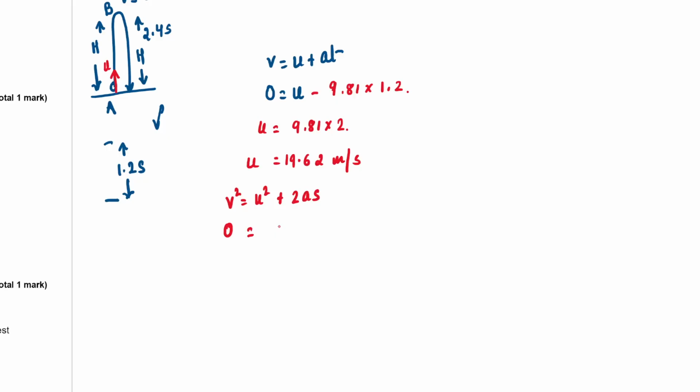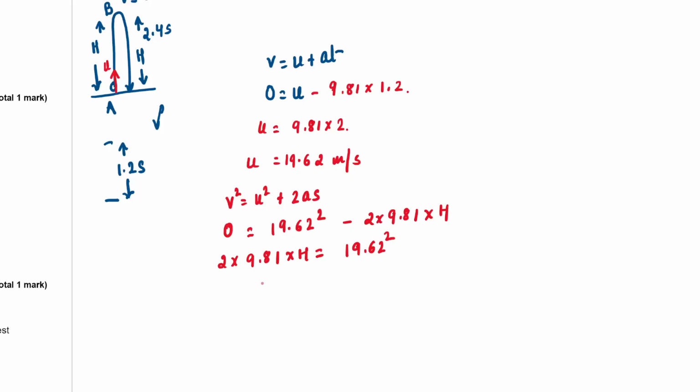So 0 equals 19.62 squared minus 2 times 9.81 times the height, and then 2 times 9.81 times height is equal to 19.62 squared. So my height is 19.62 meters. So the maximum height it is rising is 19.62 meters.